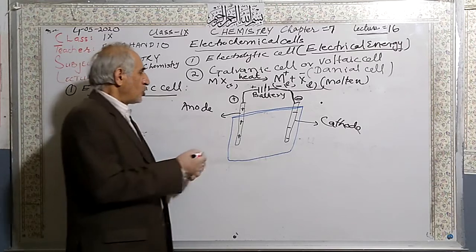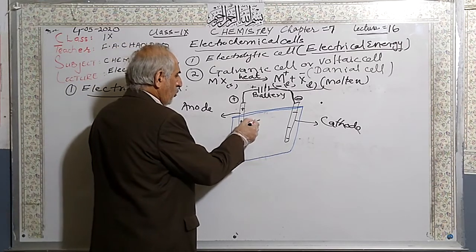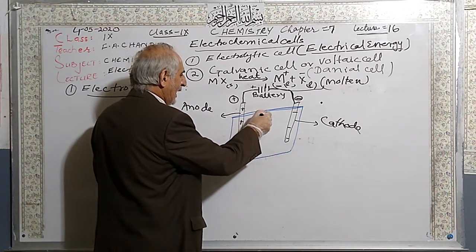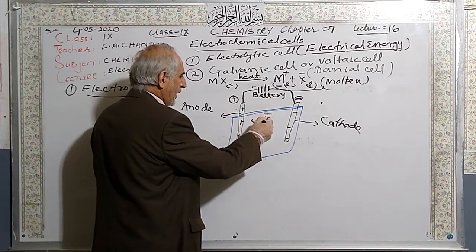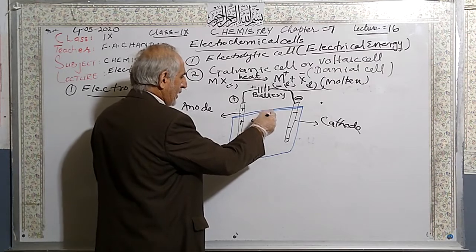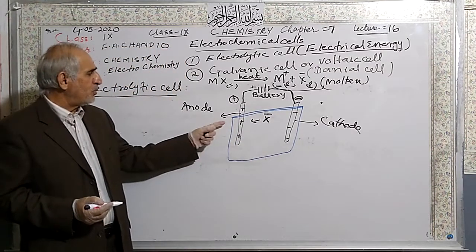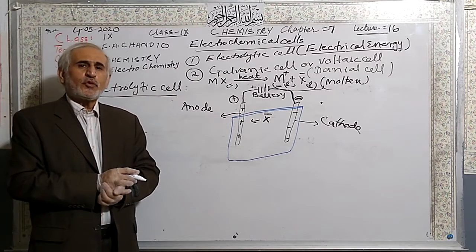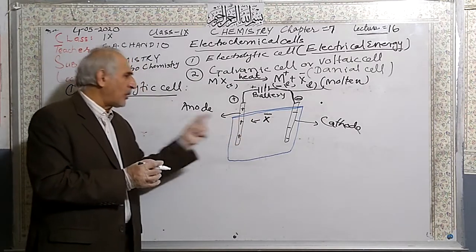Molten. So now, dear students, what happens? The negative ions, halide ions, chloride ions, bromide ions, are negative ions. They must move towards the anode, negative to positive.